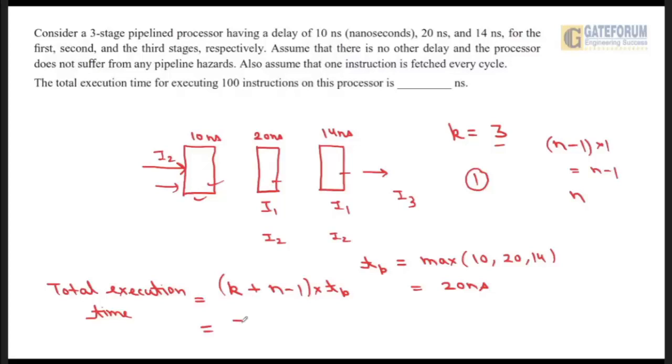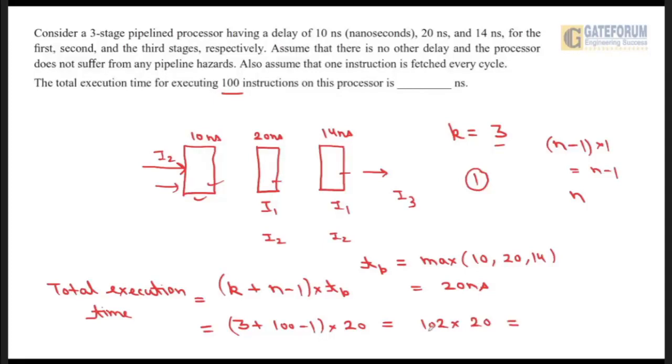Here k is 3, plus n, the number of instructions, is 100, minus 1, into the cycle time, which is 20. So 100 minus 1 is 99, plus 3 is 102, into 20.